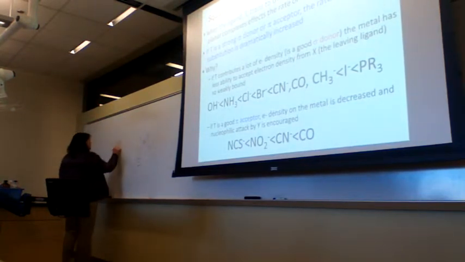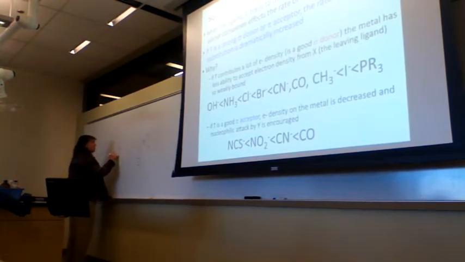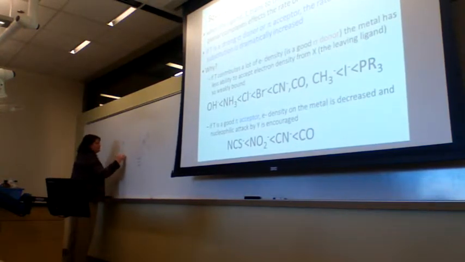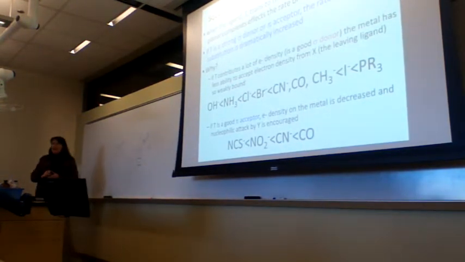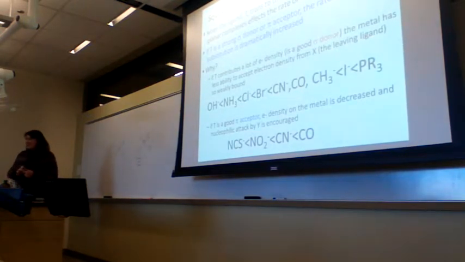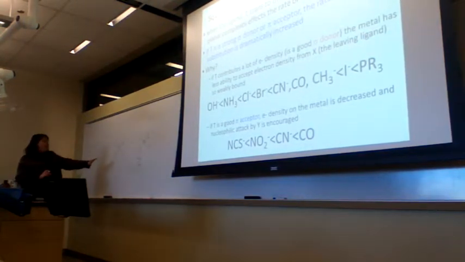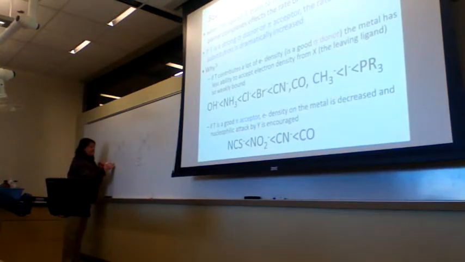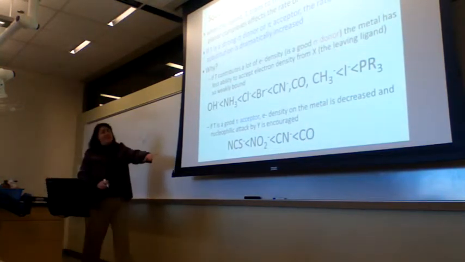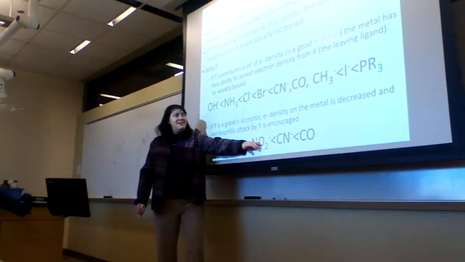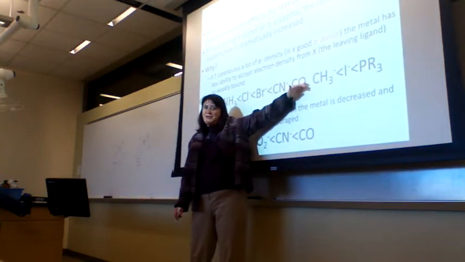So, now we have a very different effect. The electron density is coming out here. That makes that platinum a bigger positive charge, because almost all pi acceptors are also donating to the metal, right? So notice our pi acceptors here are pretty good sigma donors.